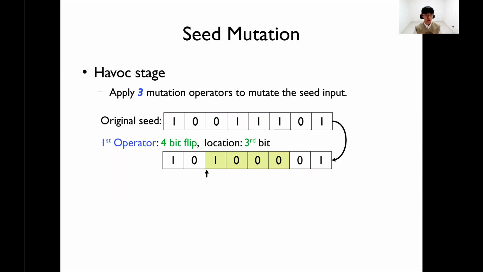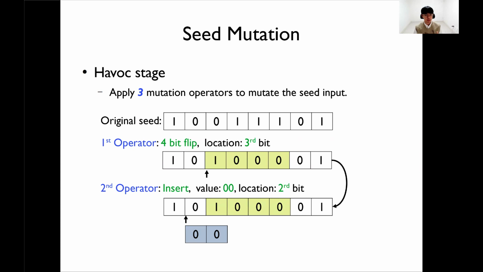So after applying the first random operator, the original seed will change from 0, 1, 1, 1 to 1, 0, 0, 0, which is the 4-bit flip result starting from the 3rd position.